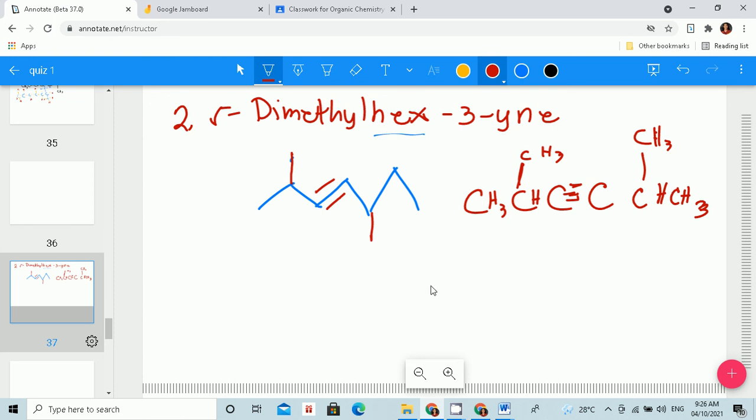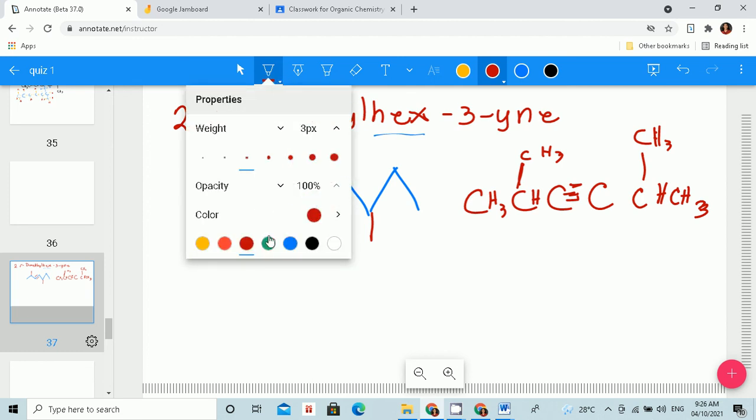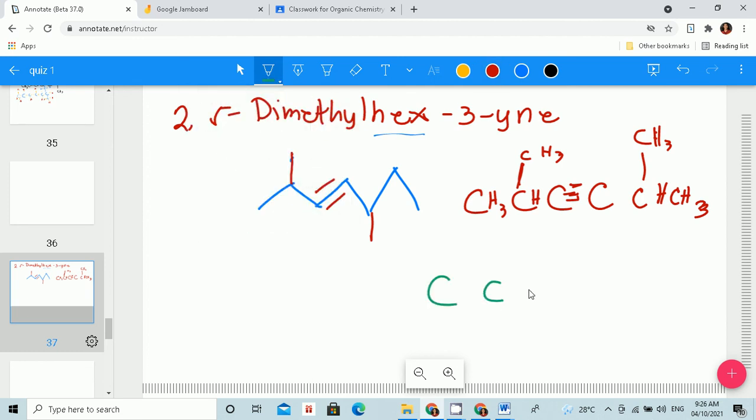Then what about the complete structure? So we will have, okay, 1, 2, 3, 4, 5, 6. We have in carbon 3, we have 1, 2, we have methyl, we have double bond, and we have 4, and then 5, we have methyl again.